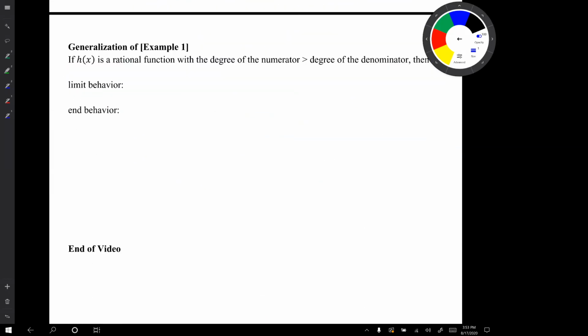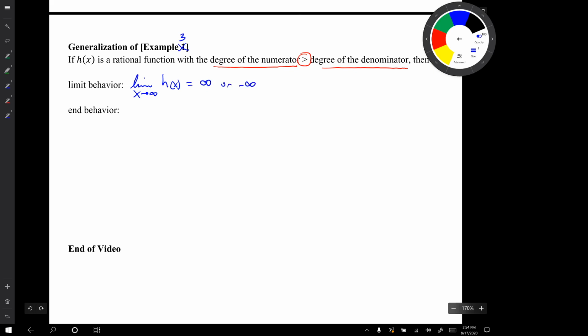Now, what about the generalization of example 3? In example 3, we had a function h of x where the degree of the numerator was greater than the degree of the denominator. In example 3, we found that the limit as x goes to infinity of h of x was infinity. In general, we just know the following.